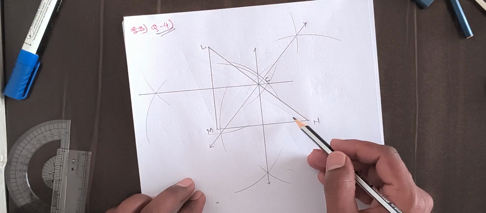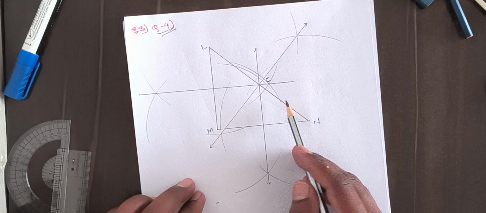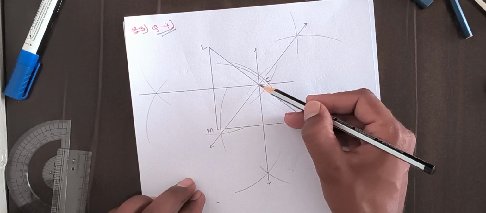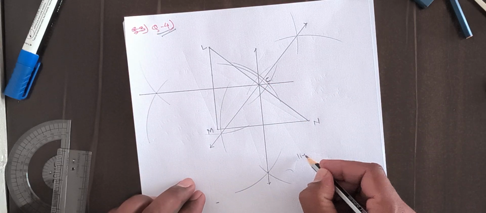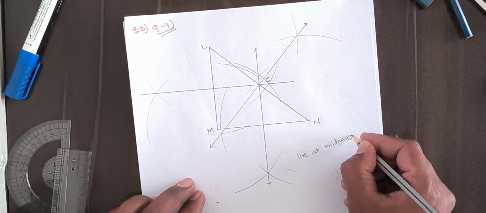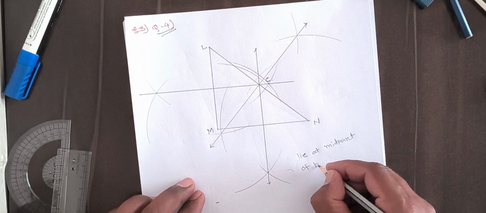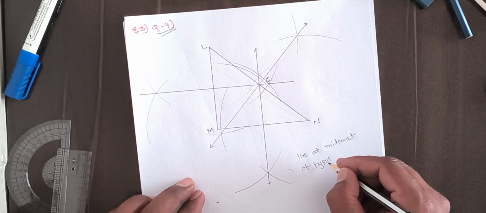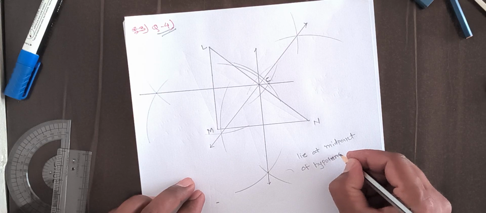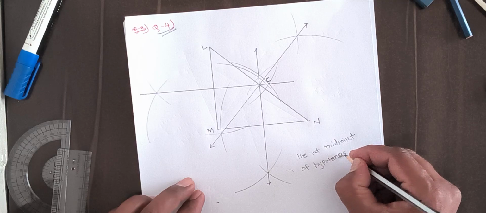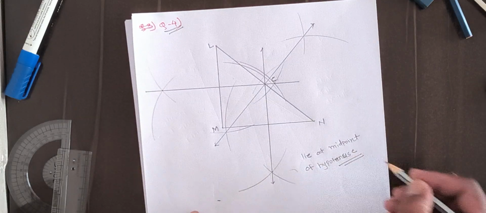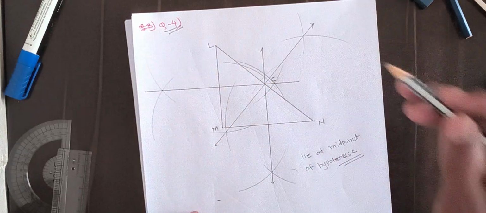In a right angle triangle, the perpendicular bisectors of the sides meet at a point of concurrence called C, and that point of concurrence lies at the midpoint of the hypotenuse. So you need to understand this one.